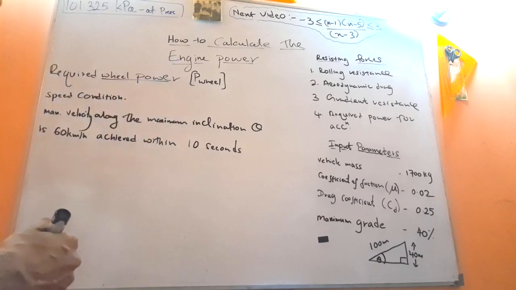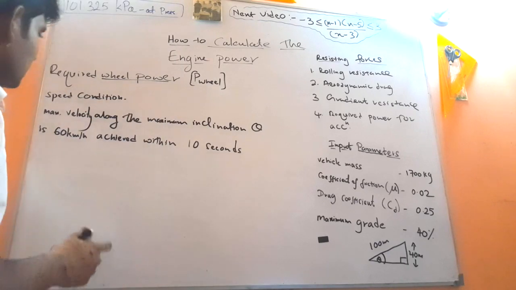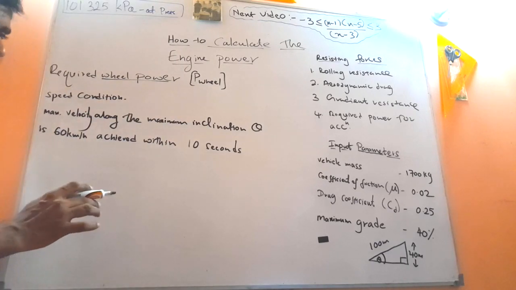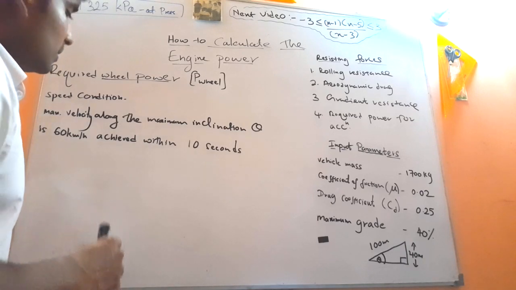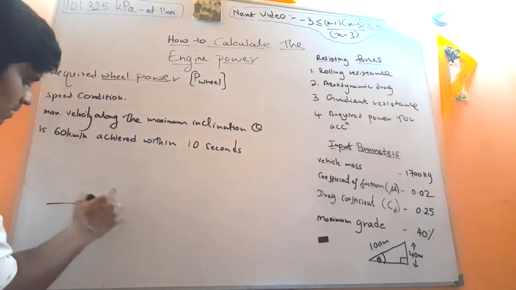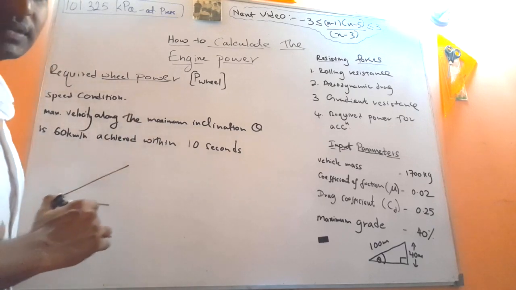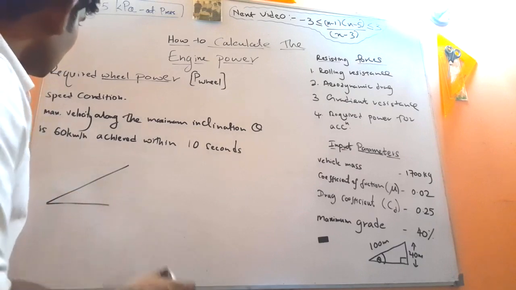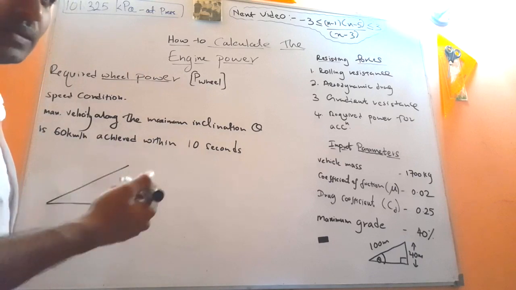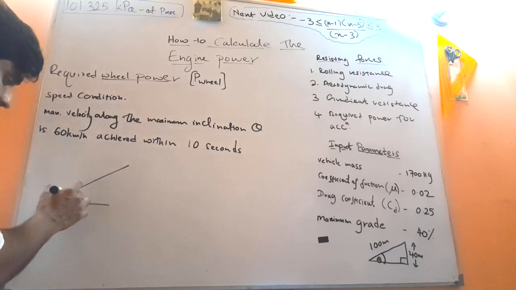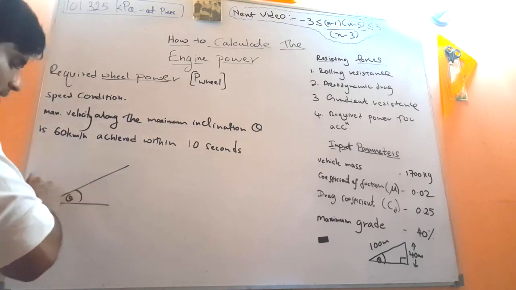When solving this problem, we consider the maximum grade scenario, so we evaluate the wheel power when the vehicle is traveling along the maximum gradient, or maximum inclination.